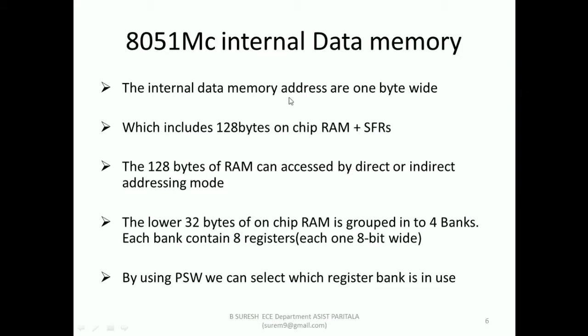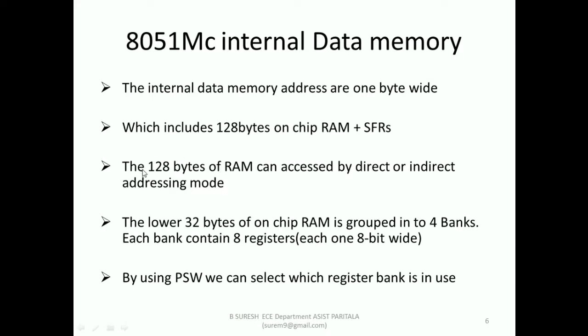This internal data memory address is 8 bits wide, which includes 128 bytes of on-chip RAM plus some special function registers. Generally, this 128 bytes of RAM can be accessed by direct or indirect addressing mode.